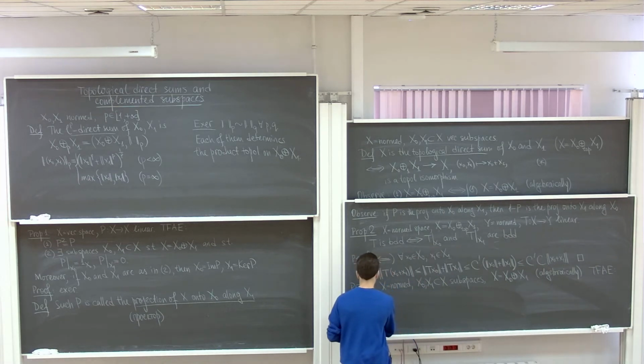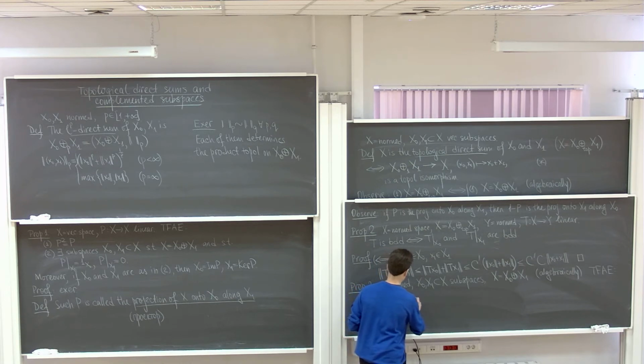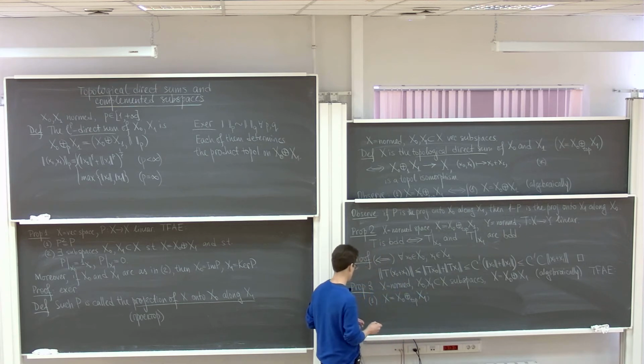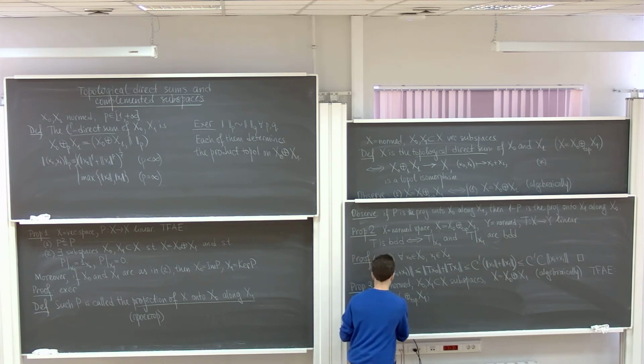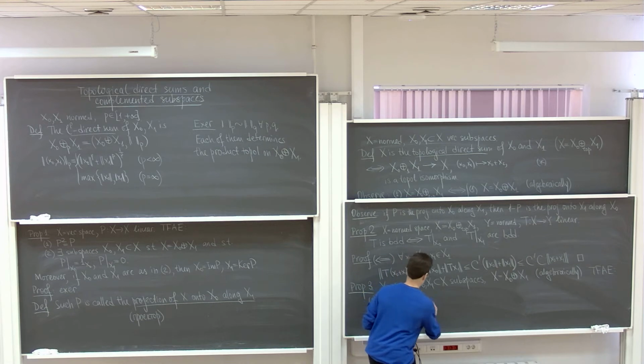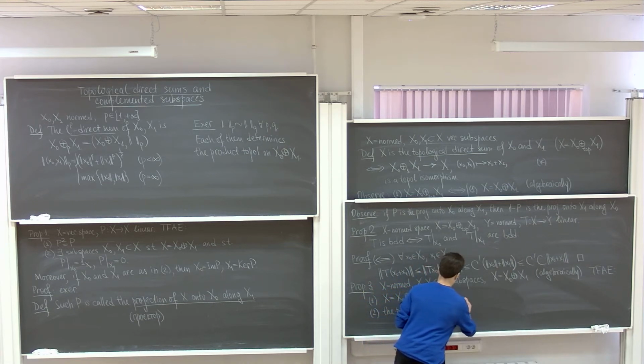Condition 1, X is the topological direct sum of X0 and X1. Condition 2, the projection onto X0 along X1 is bounded.